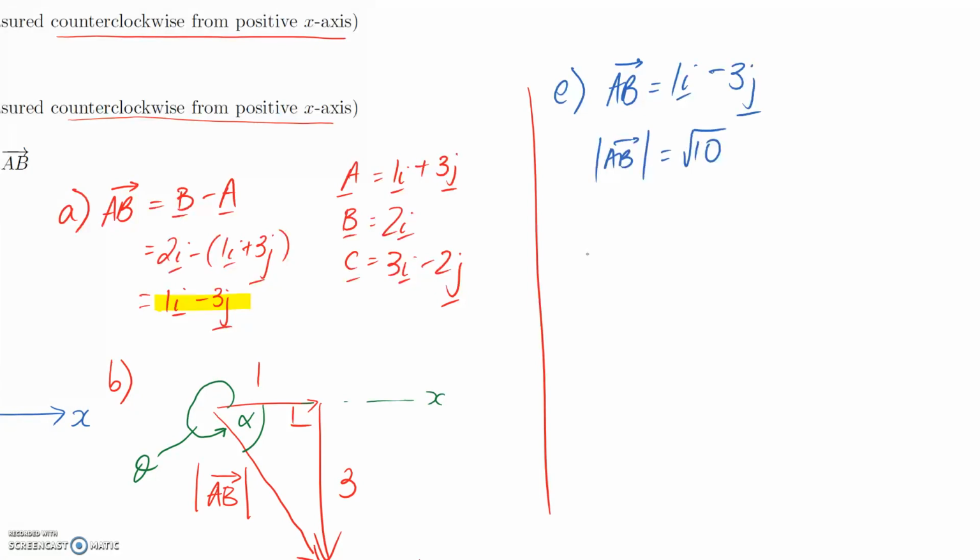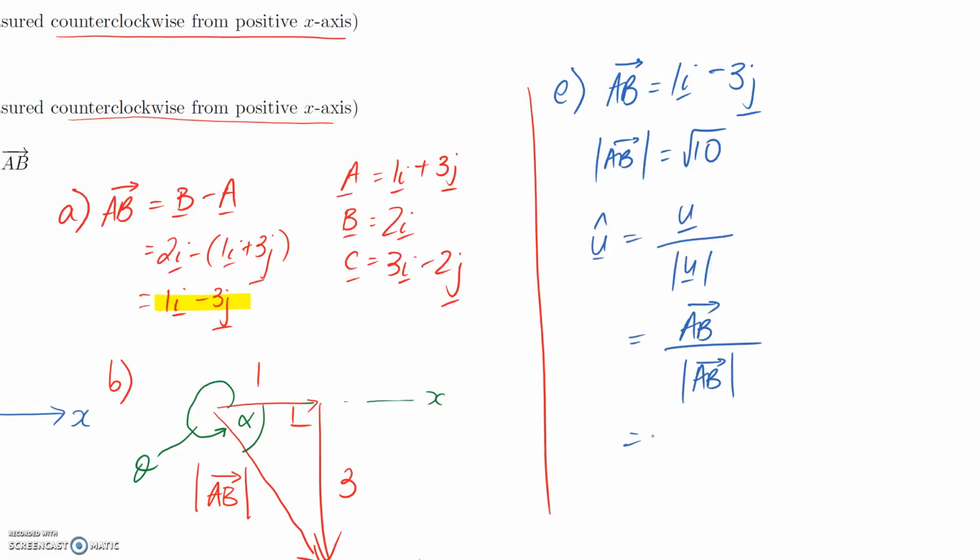Alright, so for a unit vector, often we use this kind of notation, the hat means unit. It's going to be equal to u divided by the magnitude of that vector u. So in our case, the unit vector in the direction of AB is going to be equal to our vector AB in this form, divided by the magnitude of it.